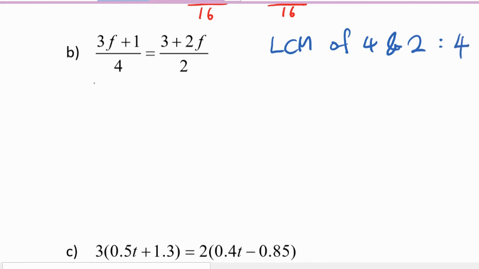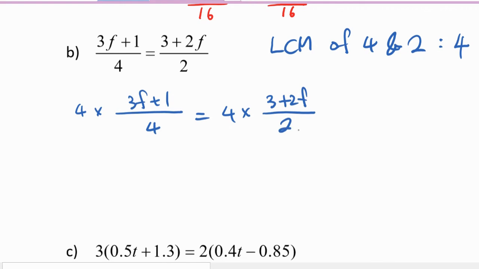So what we're going to do is multiply 4 on both sides. Multiplying 4 is the same as multiplying 4 over 1. Is that right? Then cross simplification, diagonal simplification. 4 becomes 1. 2 becomes 1. 4 becomes 2.